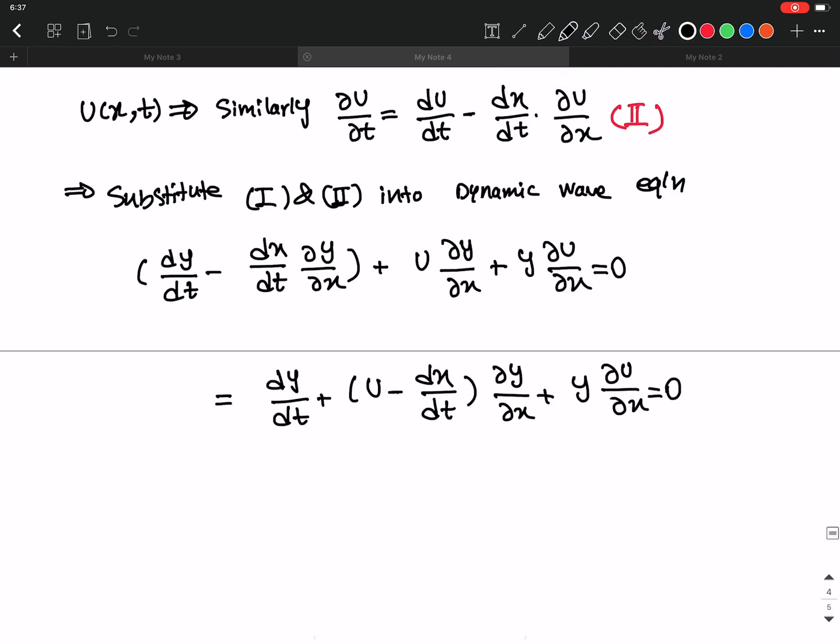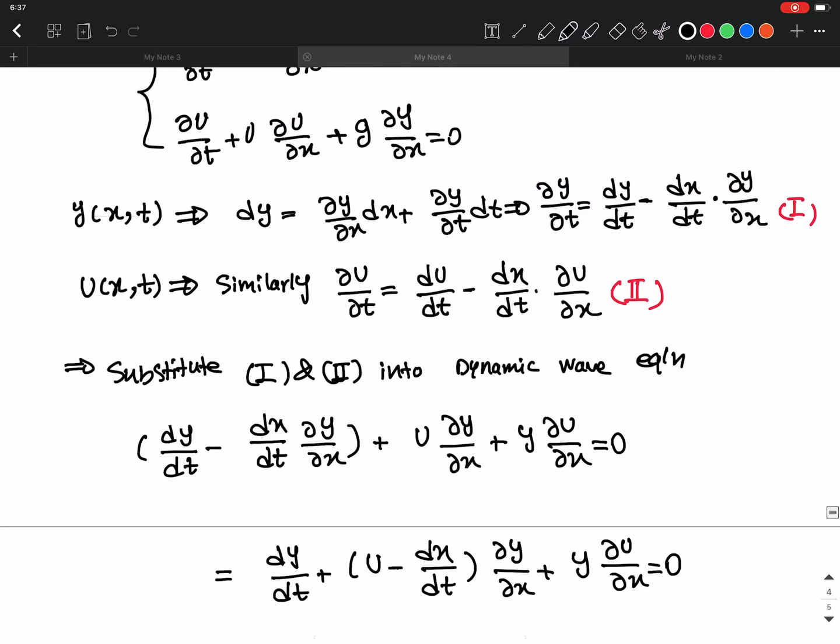For the second equation, I substitute partial u partial t in that.